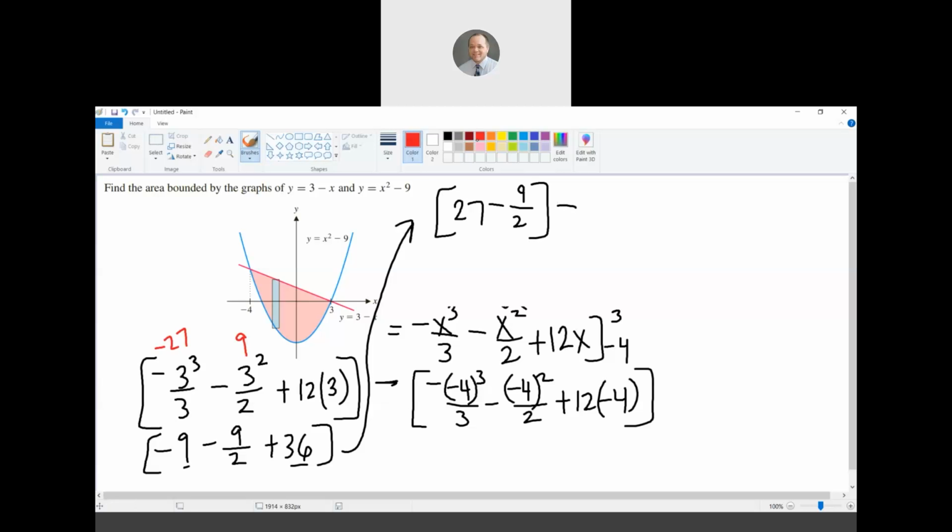Okay, now here, again, be very careful with your negative signs. Negative 4 cubed is negative 64. But you have a negative already outside the parentheses right here, so that would be a positive 64 thirds.